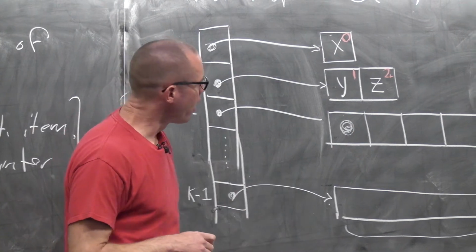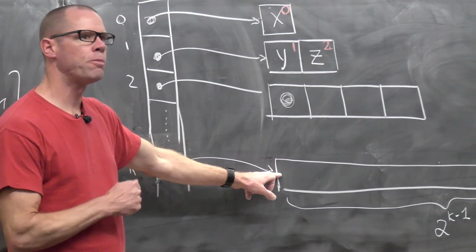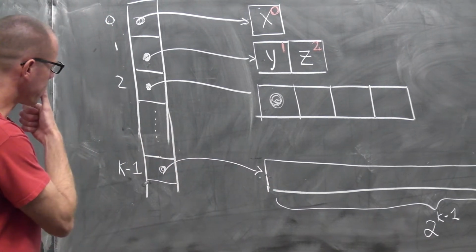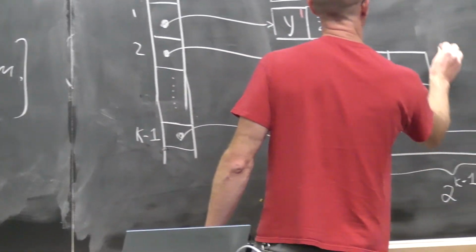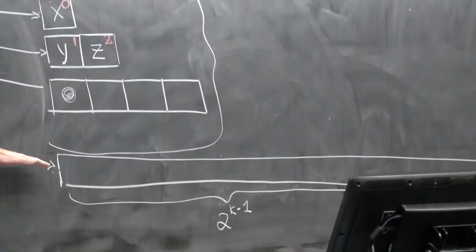And right at the time it was allocated, it was completely empty. So it was wasting space at that time. How much space was it wasting? Well, how many items can all of these hold if each one is twice as big as the previous one?